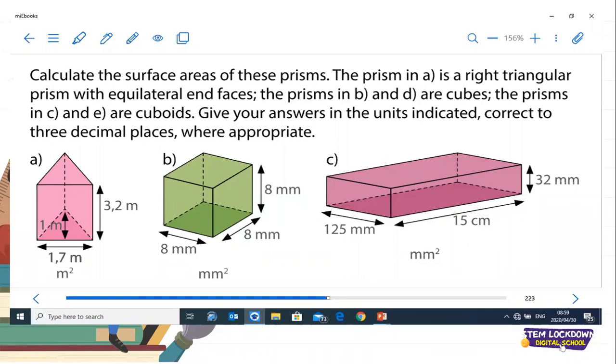In this case, the height of the triangle, as you can see in the picture, is 1 meter. The base of the triangle is 1.7 meters. And the bigger height, the height of the prism, is 3.2 meters.